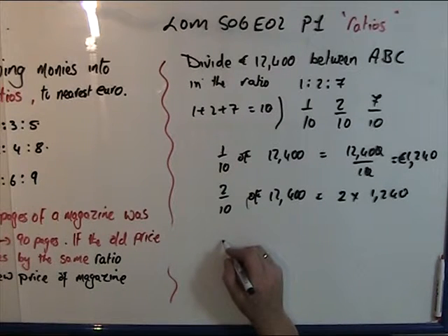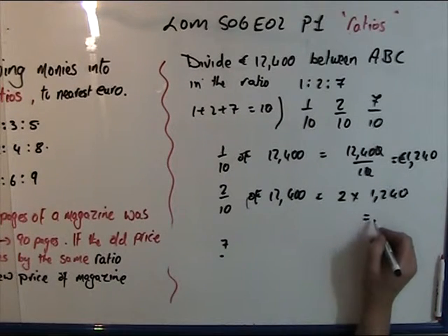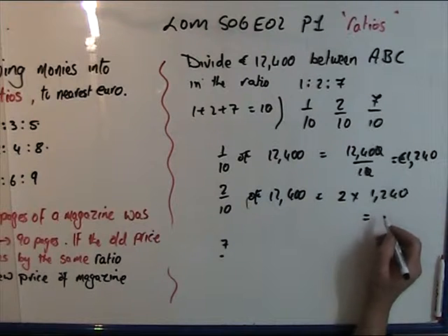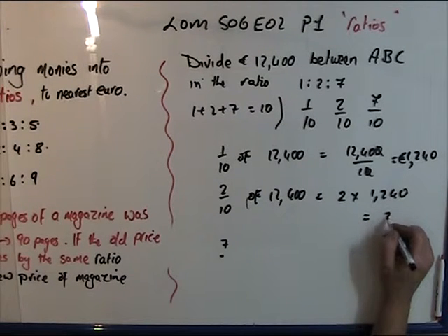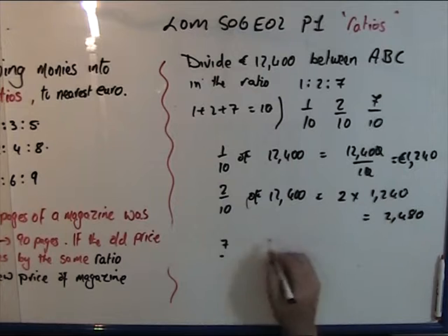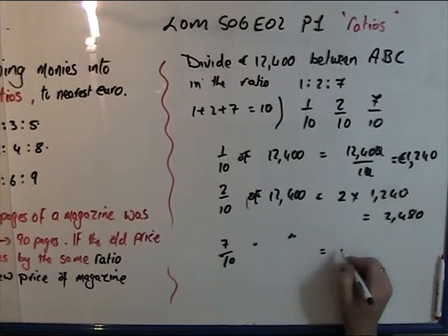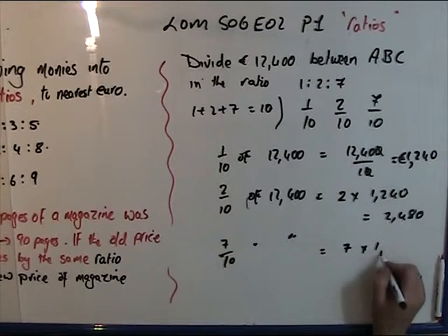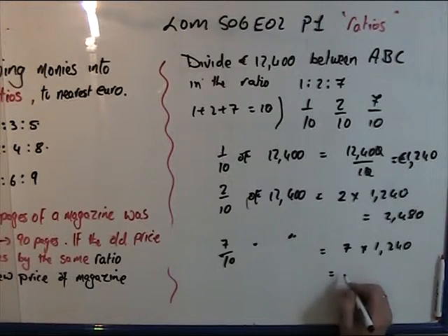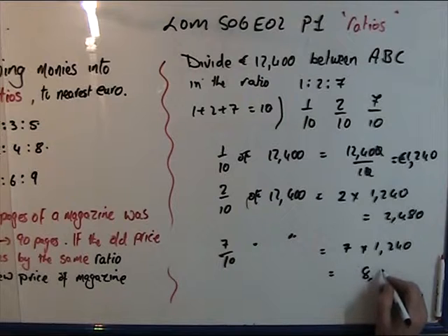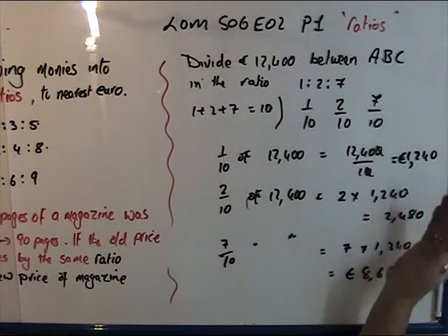And then you have the 7/10. 7/10 of 12,400 is equal to 7 times 1,240, which is equal to 8,680. Okay, euros.